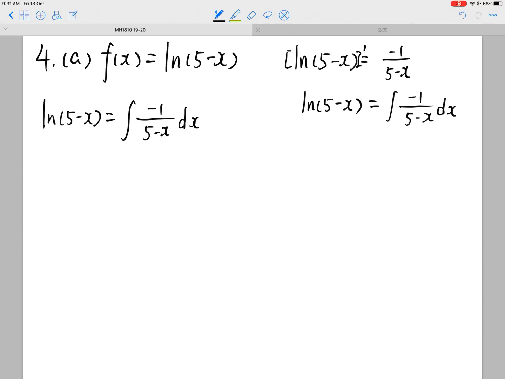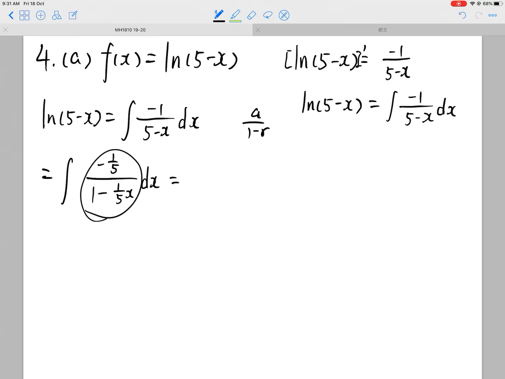Okay, then this part is very similar to a over (1 minus r), right? So you want this to be 5. So it's -1 over 5 times 1 over (1 minus x over 5) dx.